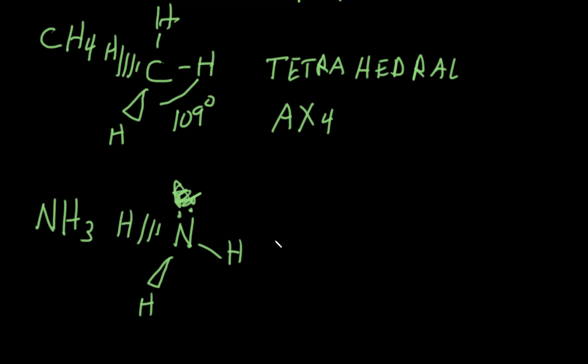So we have three covalent bonds and one unshared pair, so it's an AX subscript 3E. This is trigonal pyramid.